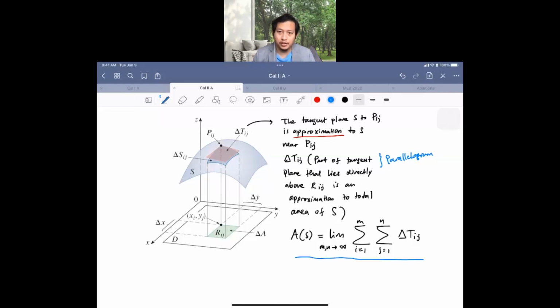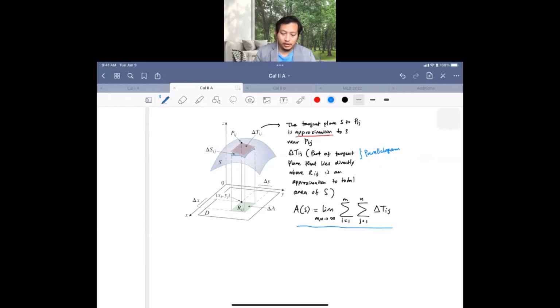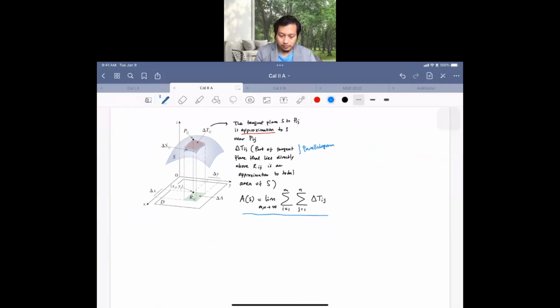We need to define the delta T through the partial derivatives, because it is a tangent plane, right? So we have partial x, partial y. Now let me give you another illustration to make it clearer.